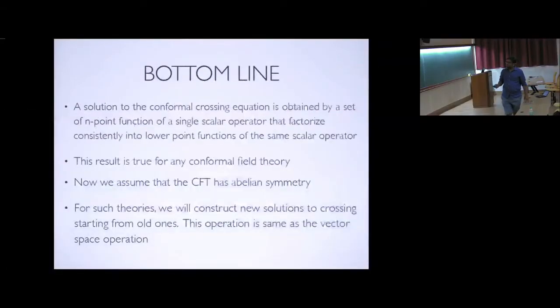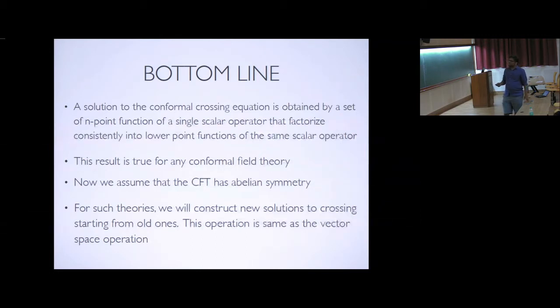And now I will assume that the CFT has an abelian symmetry. So I'm discarding the possibility that the CFT has no global symmetry, but I want to have a CFT with an abelian symmetry. And let's say, for now, let's assume that the abelian symmetry is Zn.